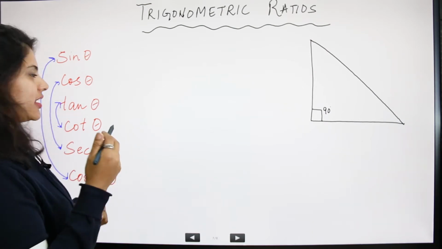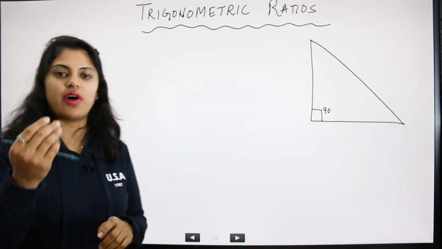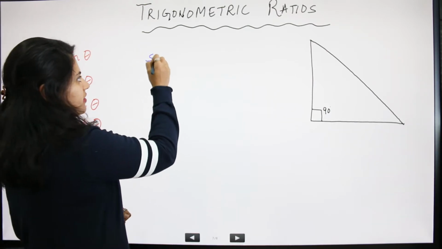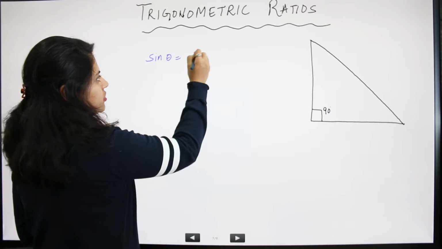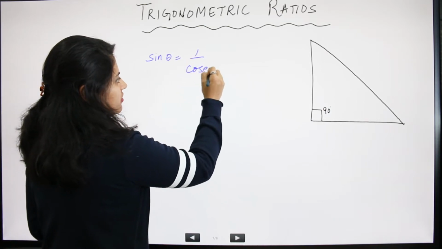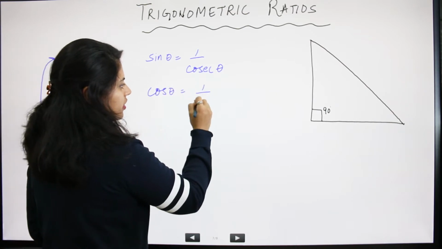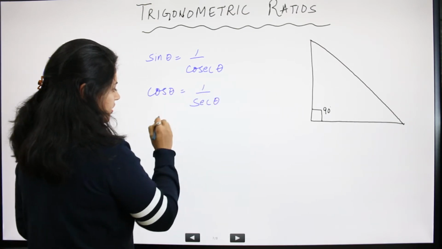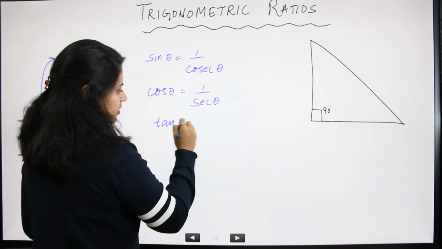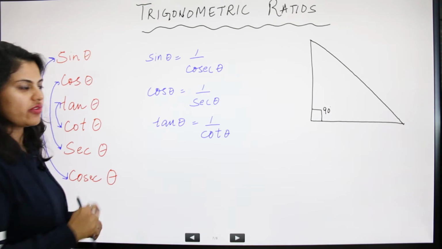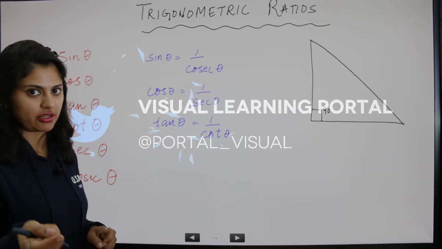So sine theta is equal to 1 over cosecant theta, cos theta is equal to 1 over secant theta, and tan theta is equal to 1 over cot theta. In this way we can say that these values are reverse of each other.